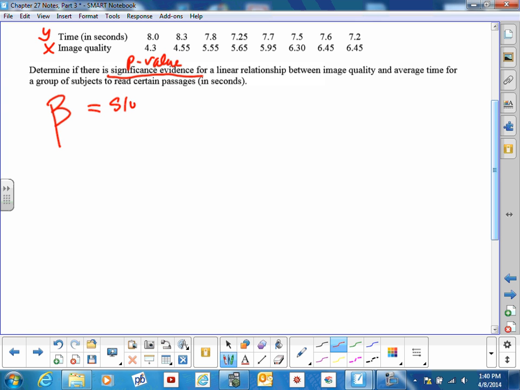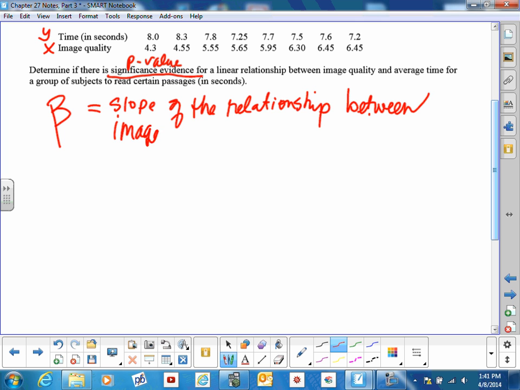That is the slope of the relationship. That's what our linear regression t-tests do. The slope of the relationship between image quality and time to read the passage in seconds.